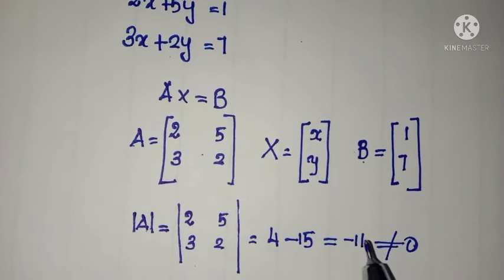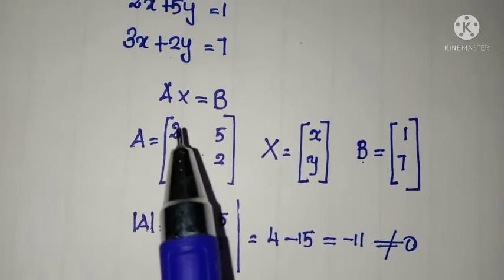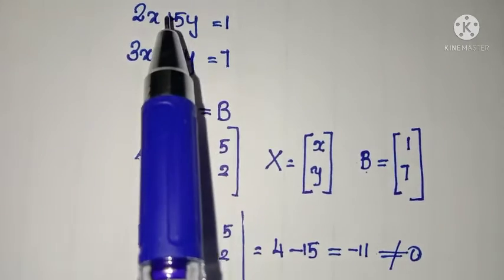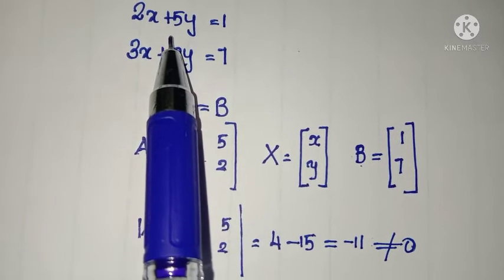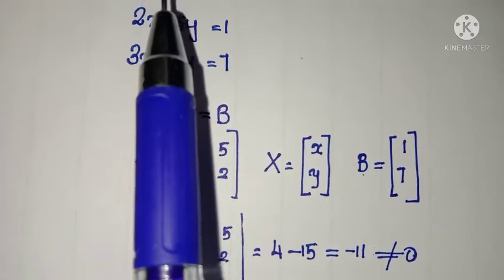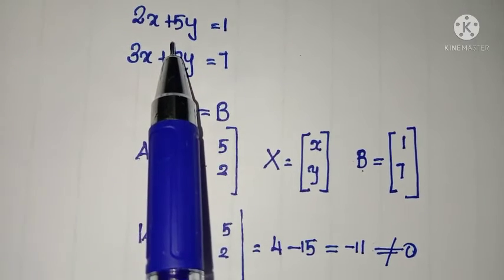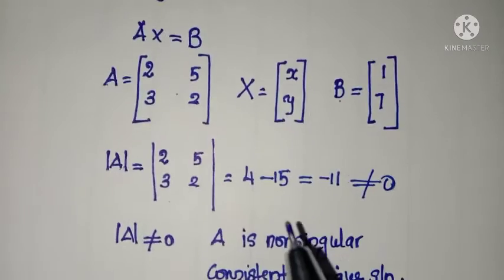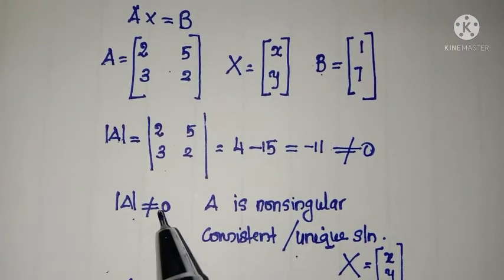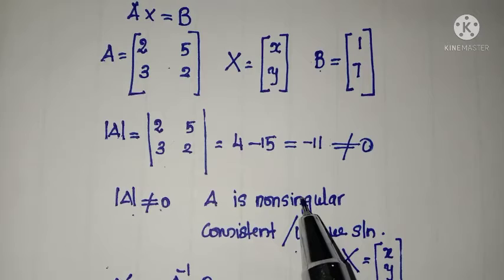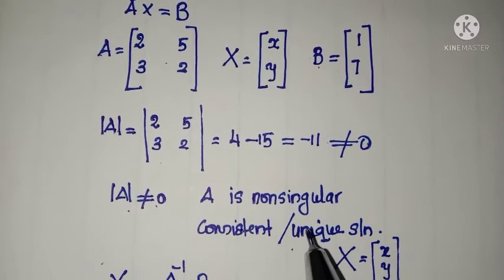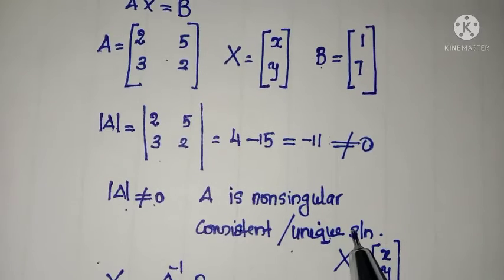If determinant of A not equal to 0, it means the given matrix is non-singular and therefore the given system of equations is consistent. A consistent system of linear equations has a unique solution.